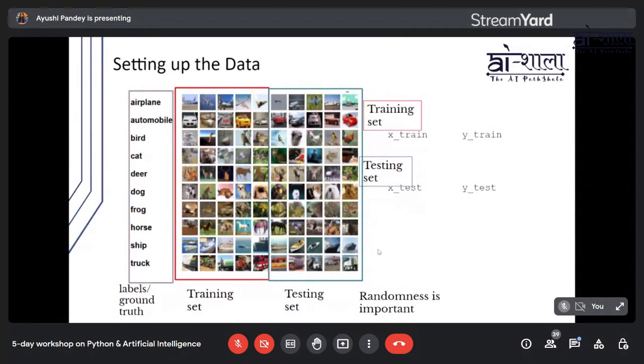So the data set is always divided. Whatever data set you take, it's always divided into testing and training. And to have a good working model, we always want the data set to be randomly divided.